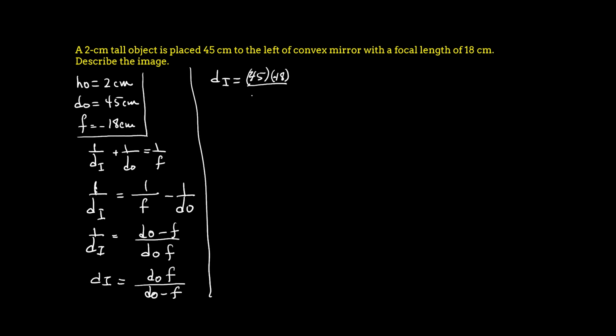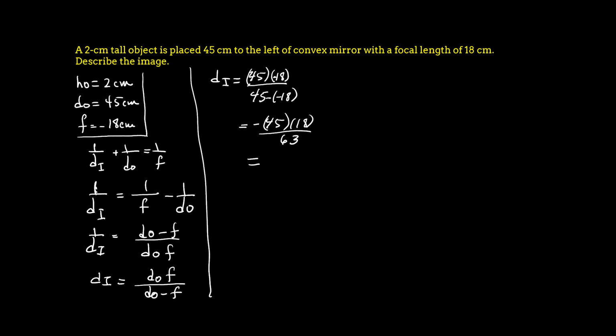And then here we have 45 minus negative 18. Okay? So let's see if we can simplify things out. So this is again the negative 45 times 18 over 45 plus 18, which is 63.